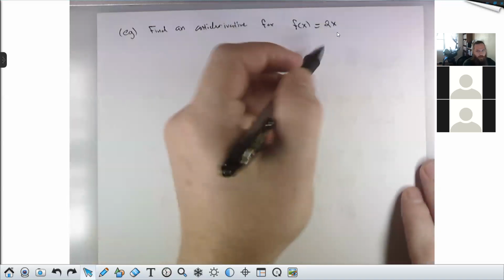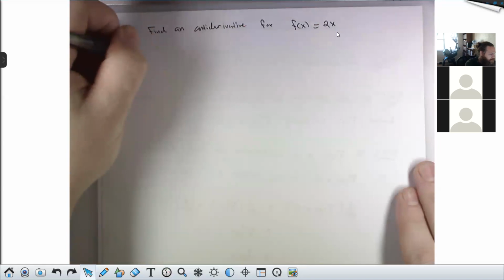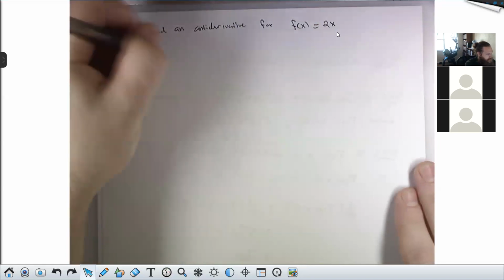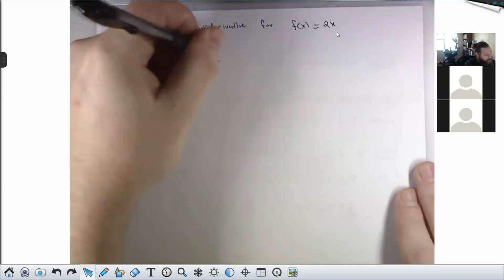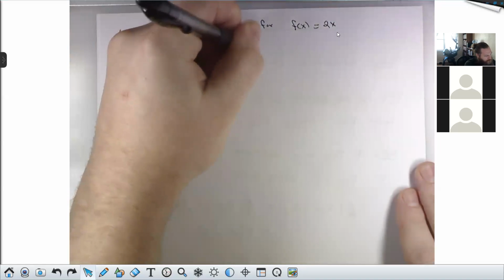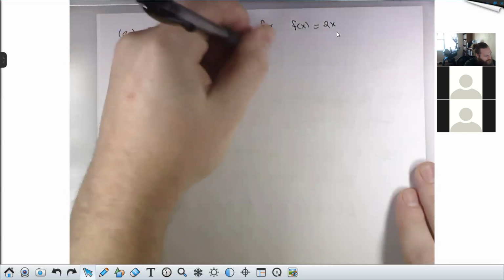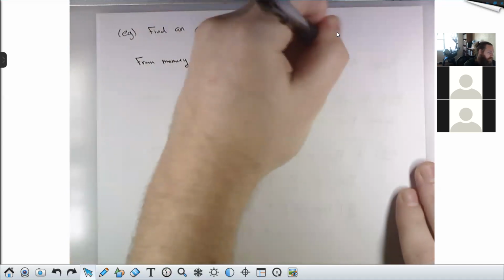And we've seen this show up so many times in our past calculations that just from memory, we know that the derivative d/dx of x squared is 2x.